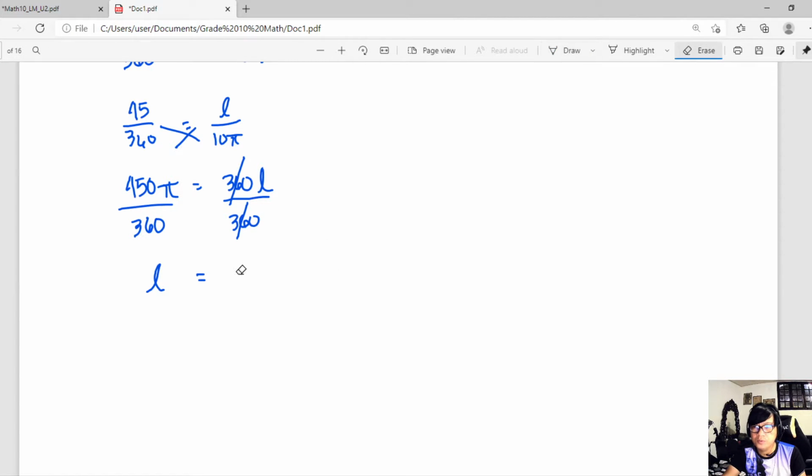So the answer is approximately 3.93. We will use the approximately symbol instead of the equal sign, because we rounded off. There are many numbers here and we only round off up to 2 decimal places. So this is approximately 3.93.